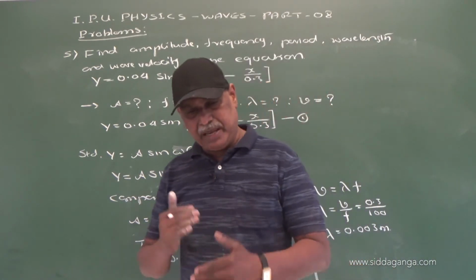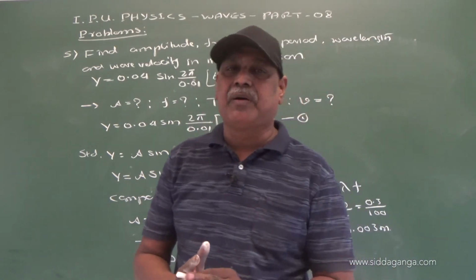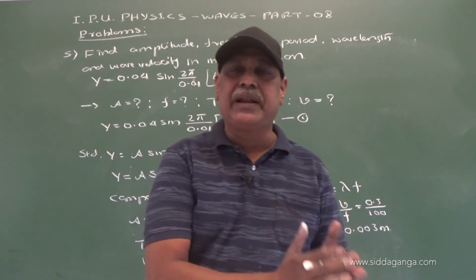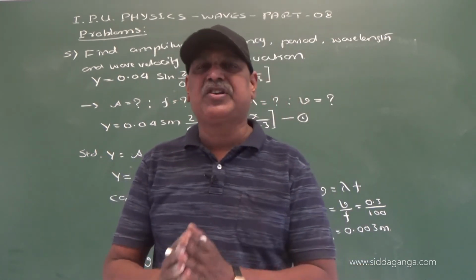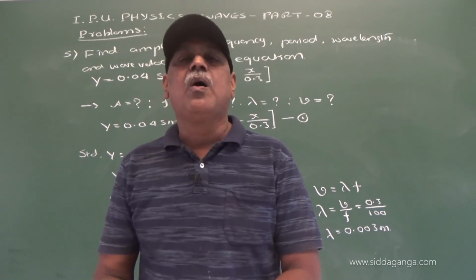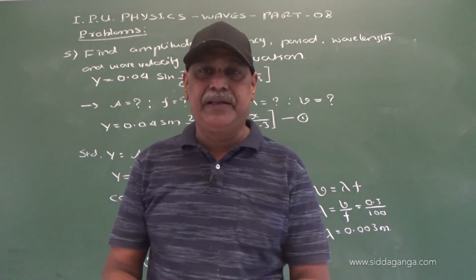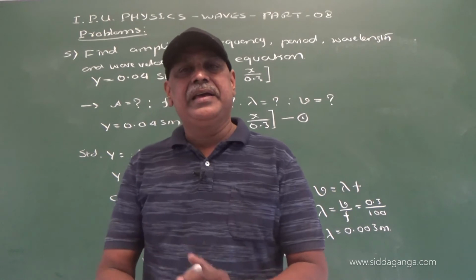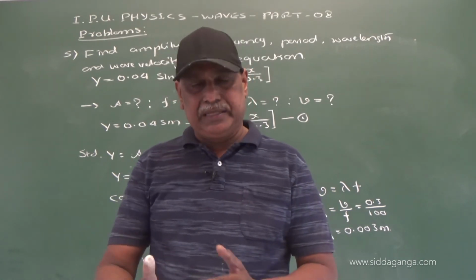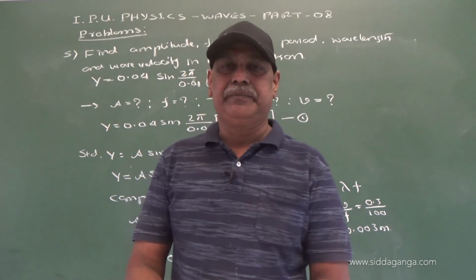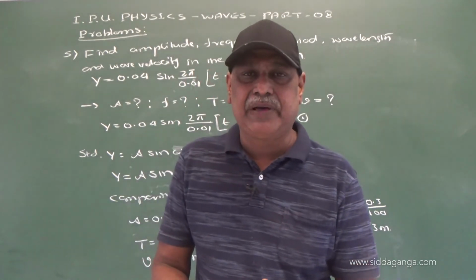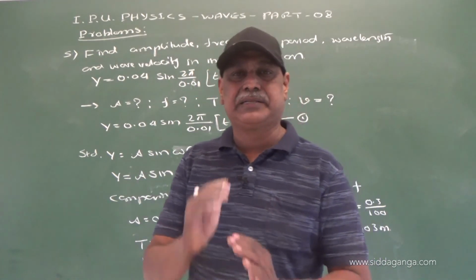So whatever may be the requirement of the problem, whether we have to modify the given equation in the numerical problem, or we have to modify the standard equation, the two equations should be comparable. Then only we can get the correct values of wave parameters.